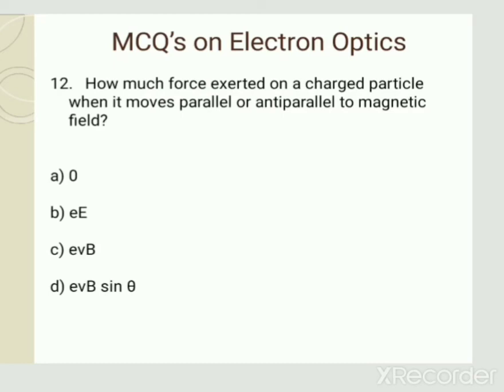But because the particle is parallel or anti-parallel, the angle between the direction of motion of the electron and the direction of the magnetic field is either 0 or 180 degrees. In both cases, sin 0 or sin 180 is 0. Therefore, the force acting on the charged particle is 0. So option A is correct.